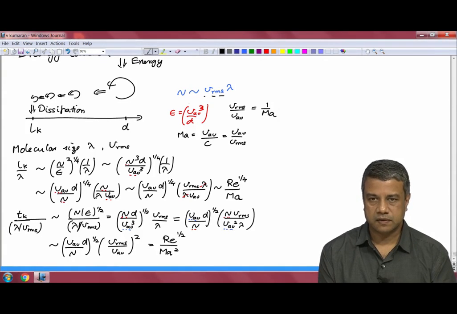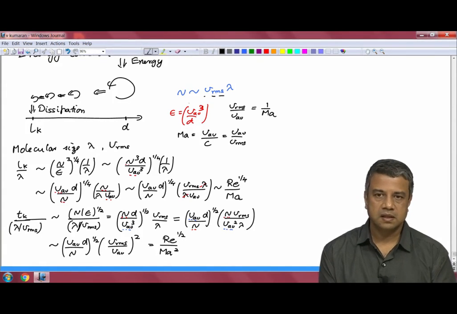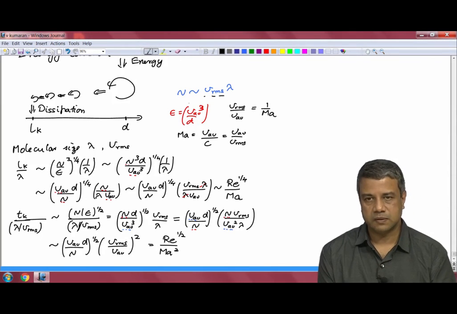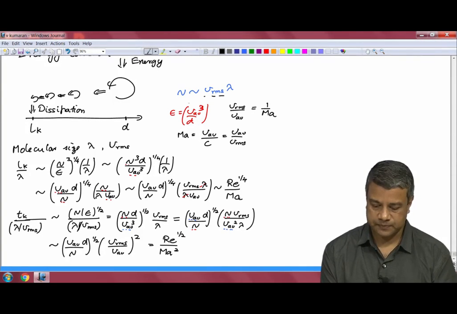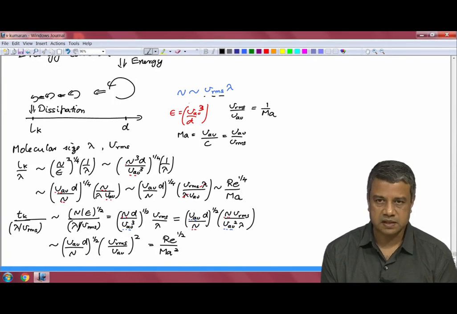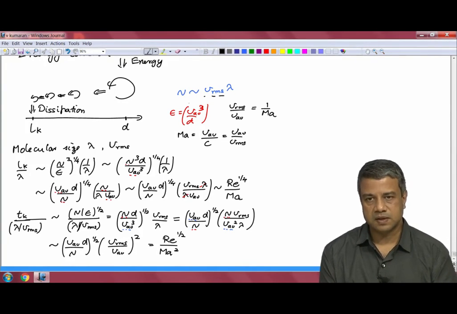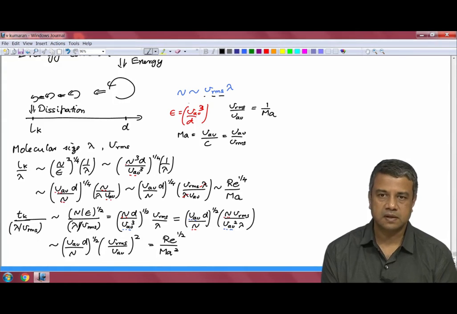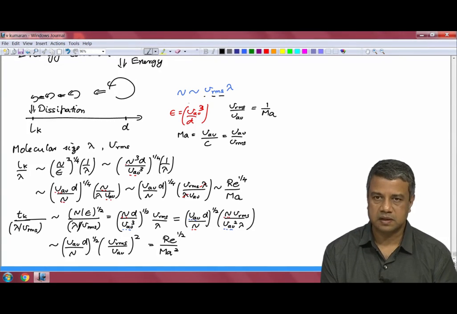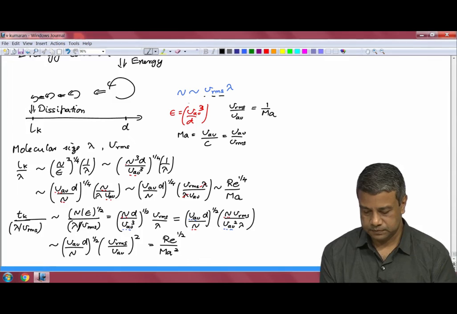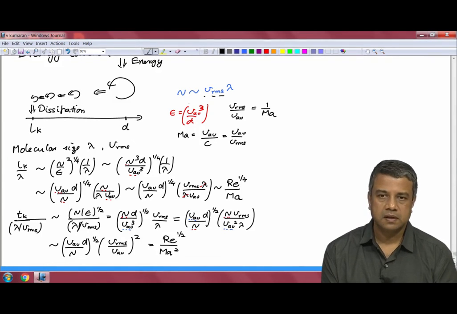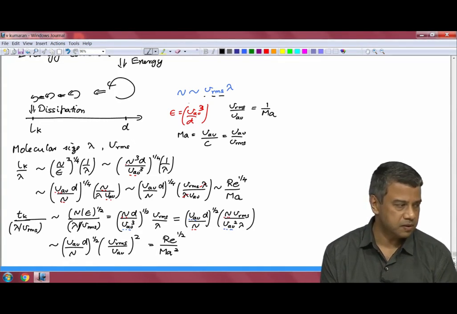And of course, in the case of liquids, the molecular scale is much smaller than that for a gas. And therefore, for fluids in general, the ratio of the Kolmogorov scale and the molecular scale is always much larger than 1 for an incompressible flow where the Mach number is small. And therefore, turbulence can be described by the continuum approximation.